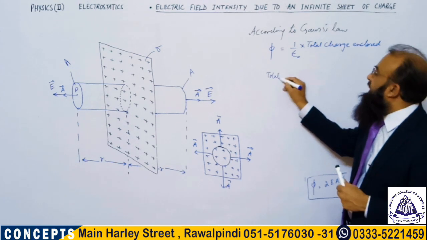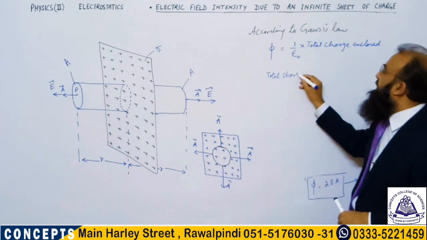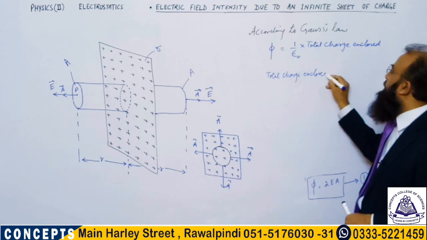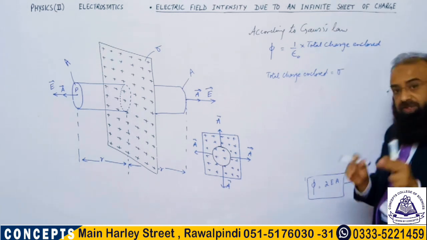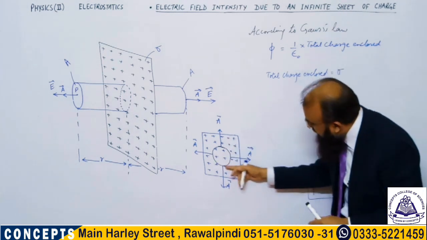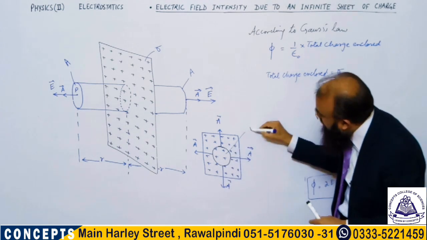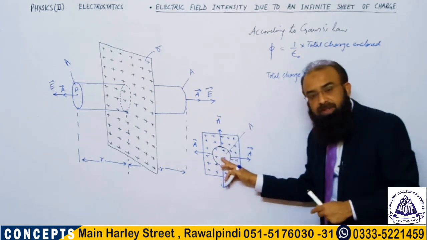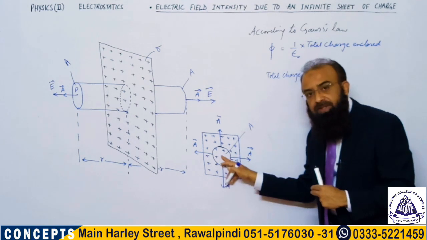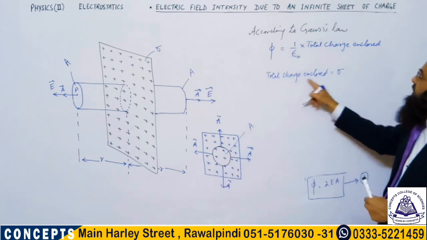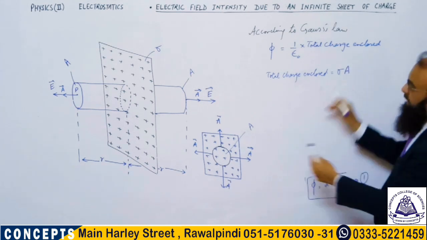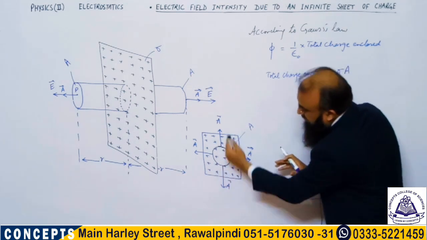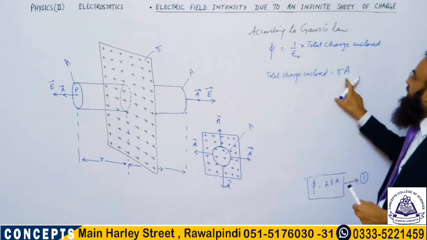The total charge enclosed is equal to sigma, the surface charge density, the charge per unit area, multiplied by the cross-sectional area of this cylinder, that is A. So this is the total charge enclosed by this closed surface.